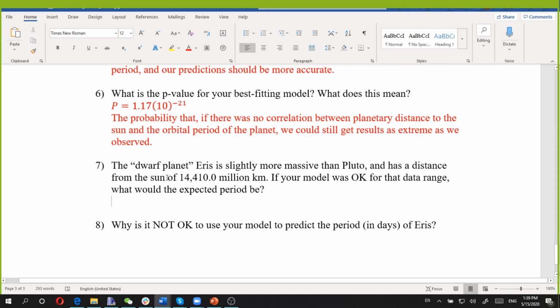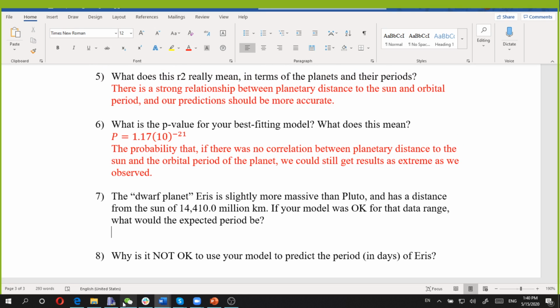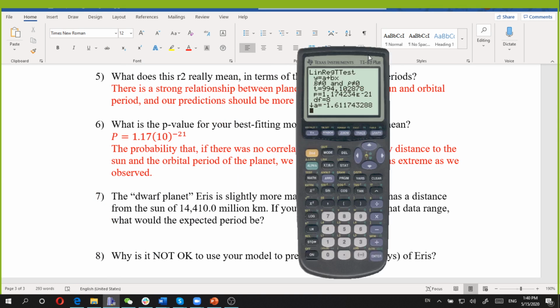Okay, Kelly. We have a dwarf planet named Ares, which is slightly more massive than Pluto and has a distance from the sun of 14,410 million kilometers. How could I figure out what the expected orbital period would be using our model?